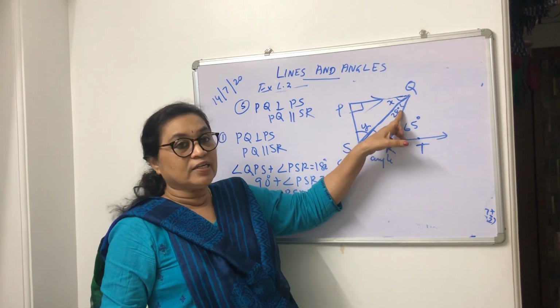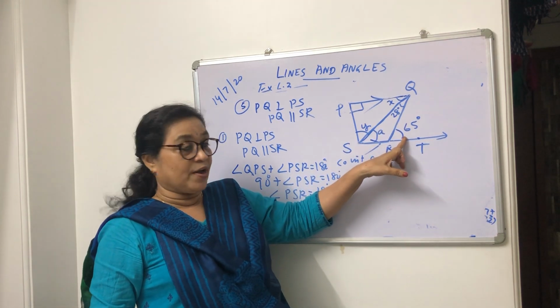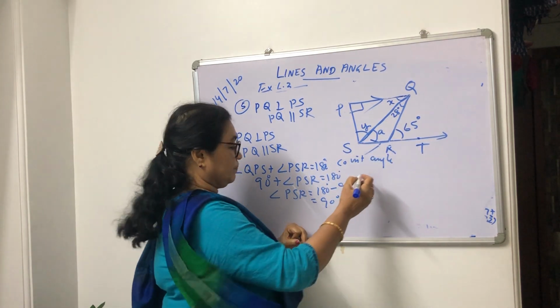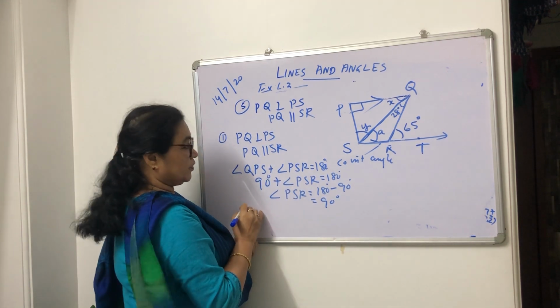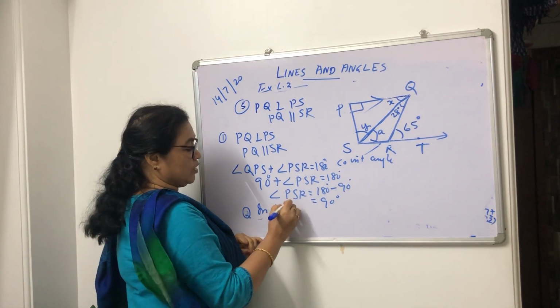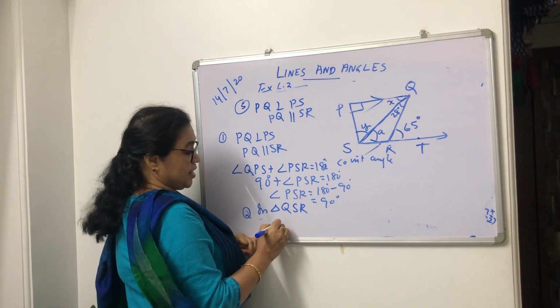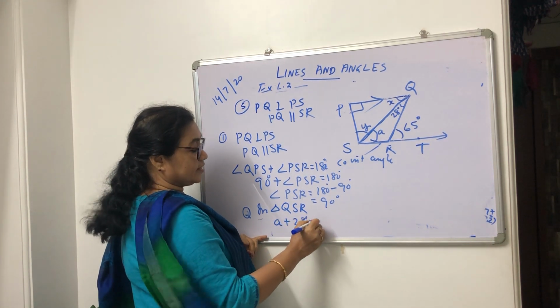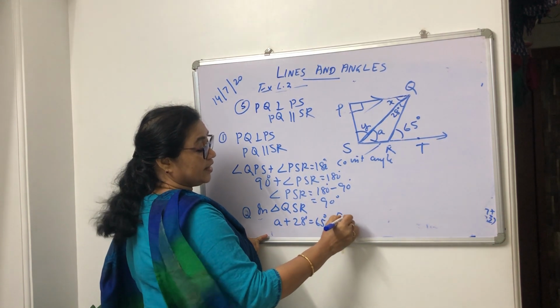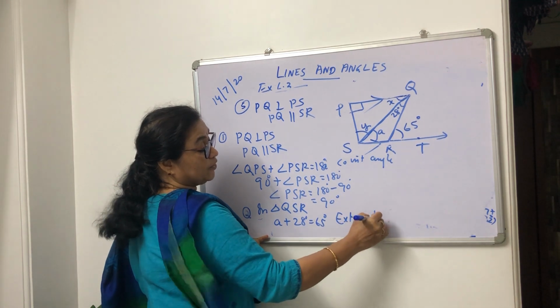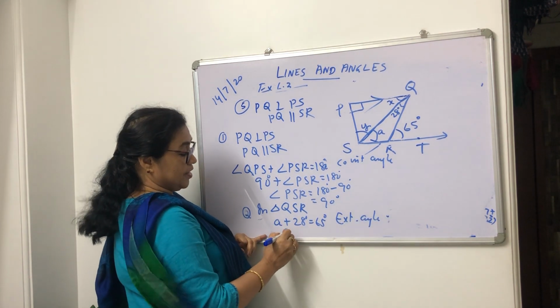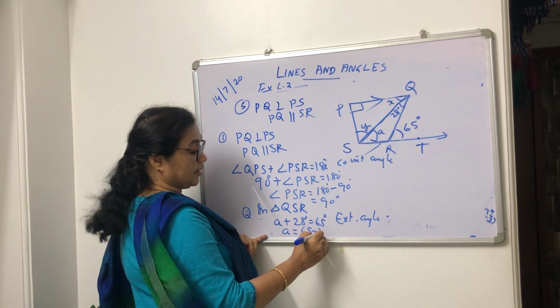The sum of these two angles is equal to 65. Therefore I can write, in triangle QSR, A plus 28 degrees is 65 degrees. This is the exterior angle property of a triangle. Then A is equal to 65 minus 28.